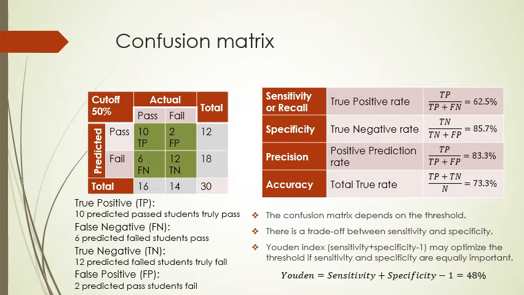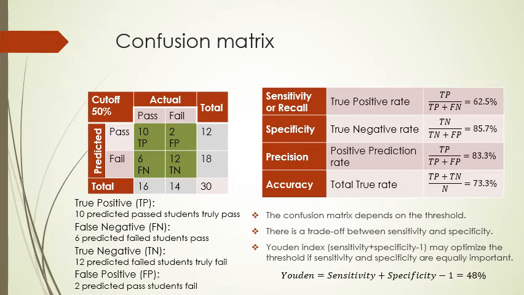Clearly, there is a trade-off between sensitivity and specificity. We may maximize the Youden index to optimize the threshold if sensitivity and specificity are equally important to us. Please note that we may be more interested in one aspect. Then we need to use different measures.